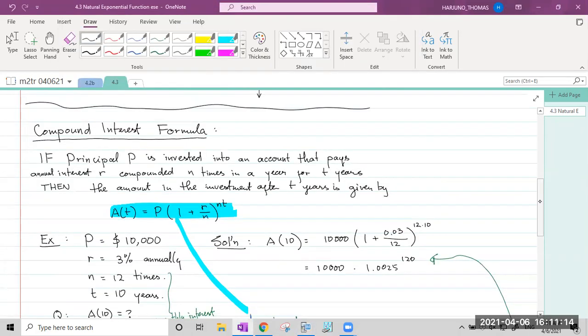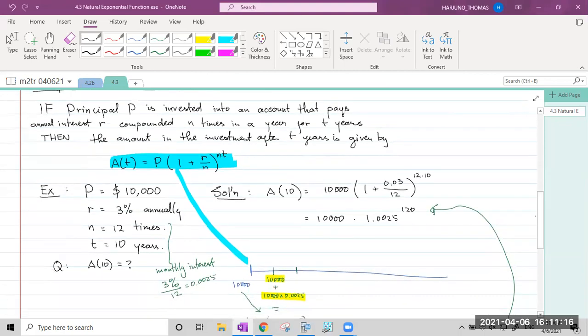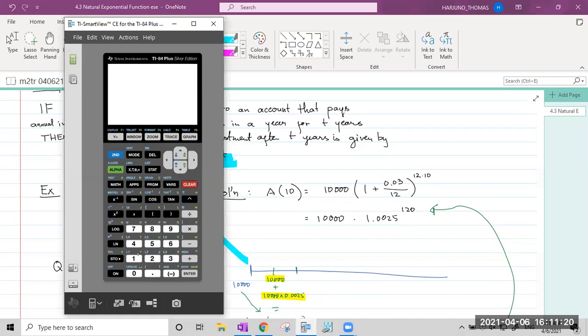The one up here. 10,000 times 1.0025 to the power of 120. So 10,000 times 1.0025 to the power of 120.